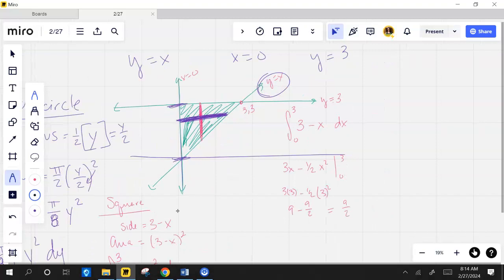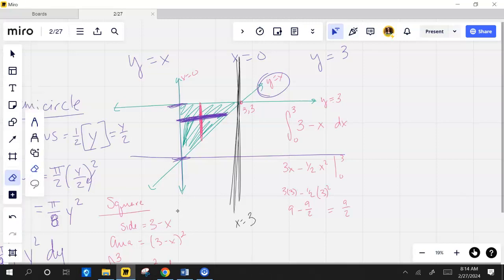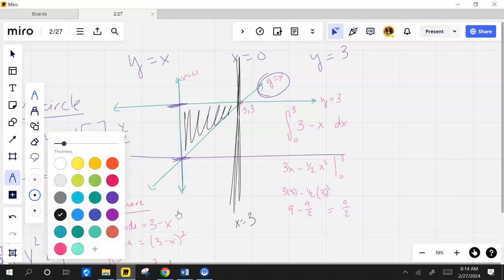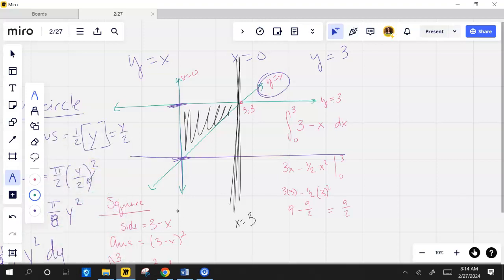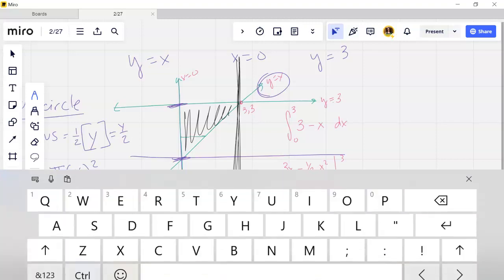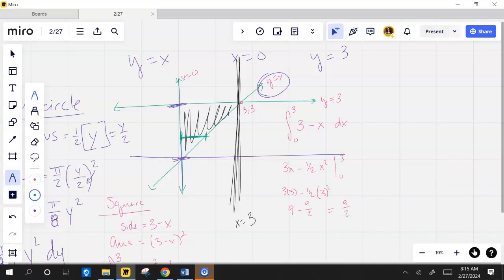Okay, so x equals 3 is revolving around this line. So now little and big. Y'all agree?